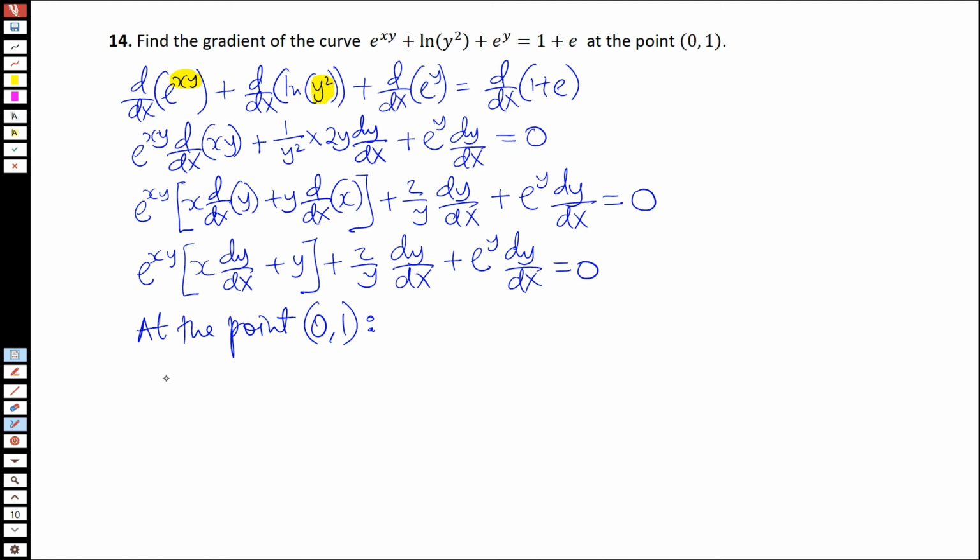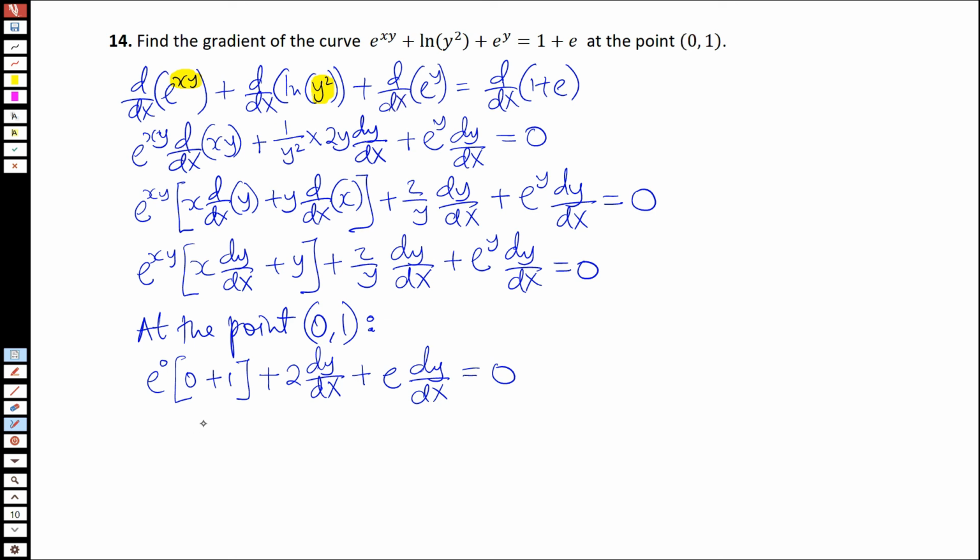Here we'll have e to power 0, because 0 multiplied by anything is 0, and this will be 0 plus 1, plus this will be 2, because 2 over 1 is 2, so 2 dy over dx, plus e to power 1 dy over dx will be equal to 0.